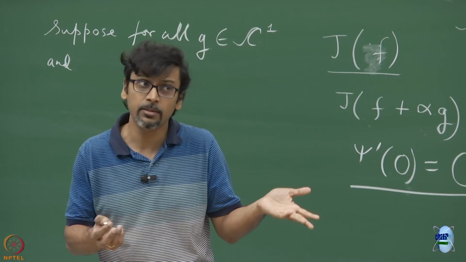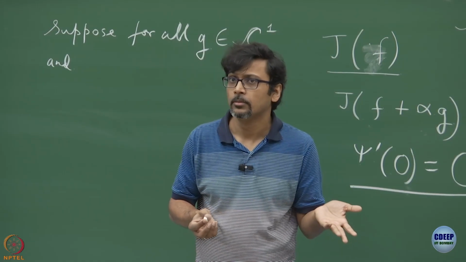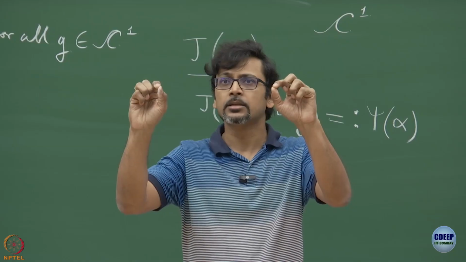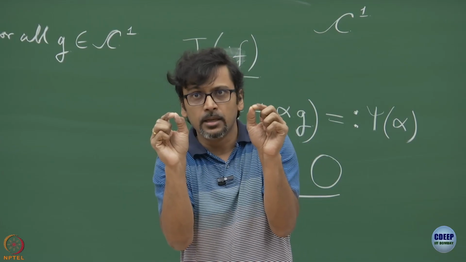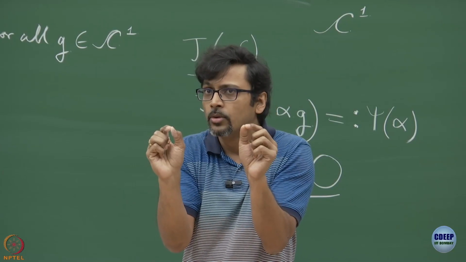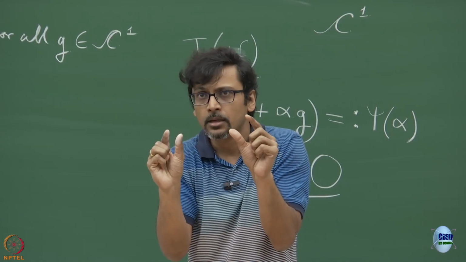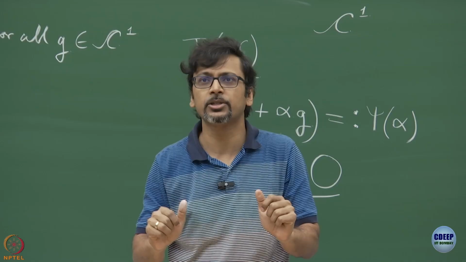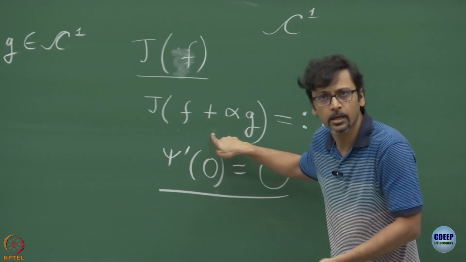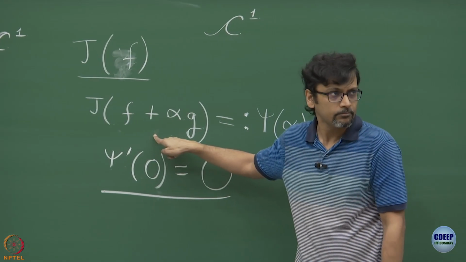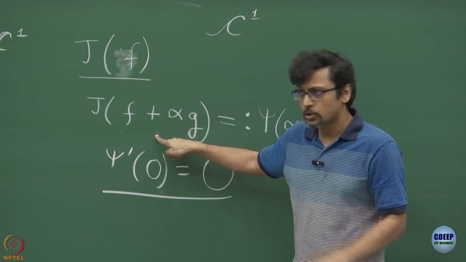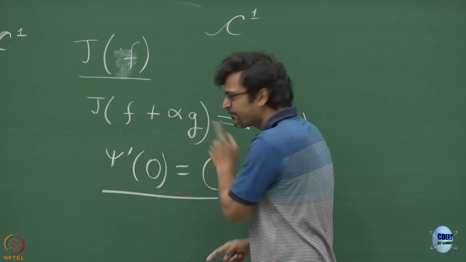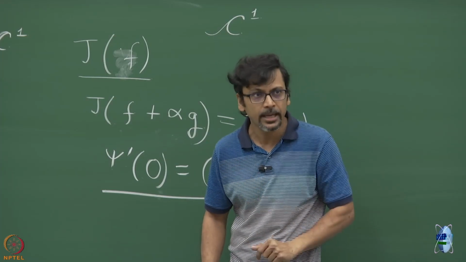Shouldn't g(a) and g(b) be equal to 0? You might perturb the curve in between, but at the end points, if g(a) or g(b) is anything other than 0, then f plus alpha g is no longer a function that satisfies the terminal constraints, and therefore there is no point in plugging it in here. So whatever value f might assume at a and b, f plus alpha g must also assume the same values at a and b.